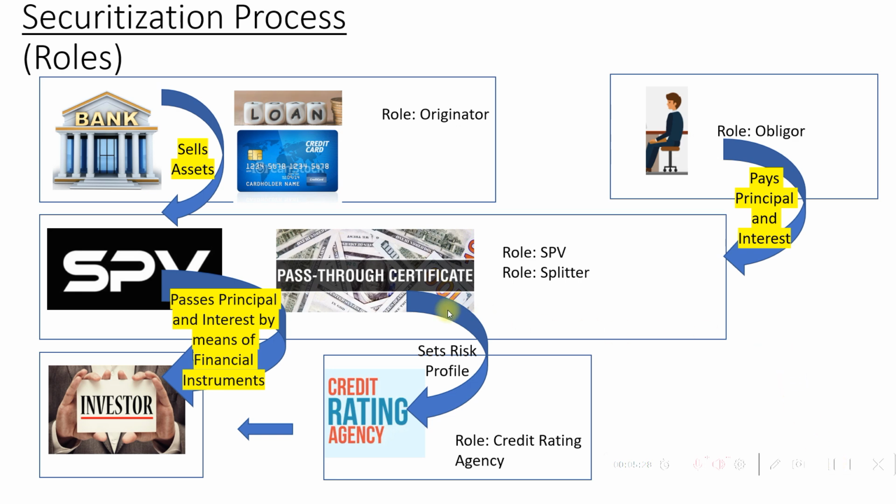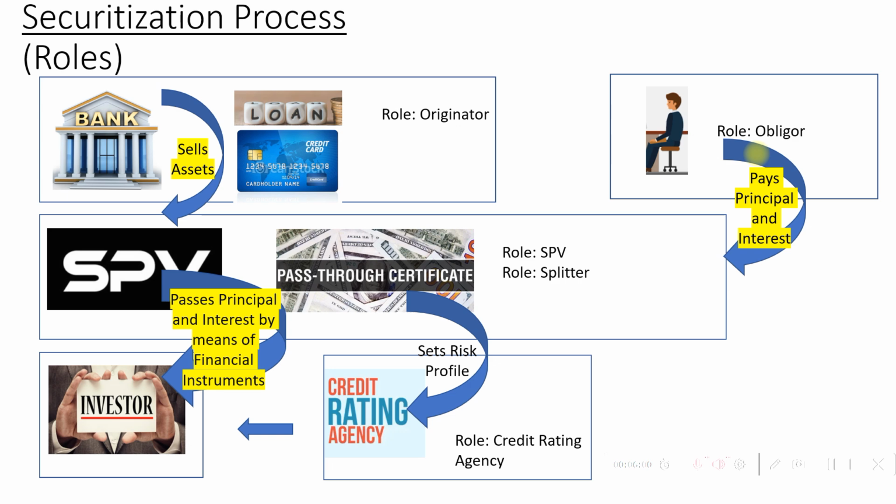So while discussing roles, we will first see what is the role of an originator, which is the bank itself. Next is the role of special purpose vehicle or SPV, the role of splitter of securities, which is also SPV, the role of payer of securities, which must be the obliger or the bank's customer who pays interest and principal to the loans which that person has taken from the bank.